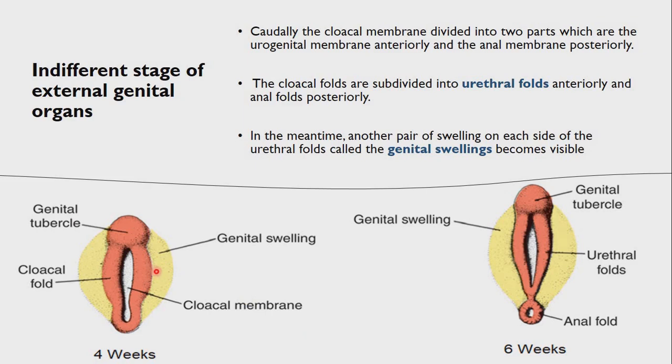So in the indifferent stage of external genitalia, there is the cloacal membrane, which is divided into 2 parts, the urogenital membrane anteriorly and the anal membrane posteriorly. And the cloacal fold is subdivided into urethral fold anteriorly and anal fold posteriorly. And then there is the appearance of genital swelling on each side of the urethral fold.